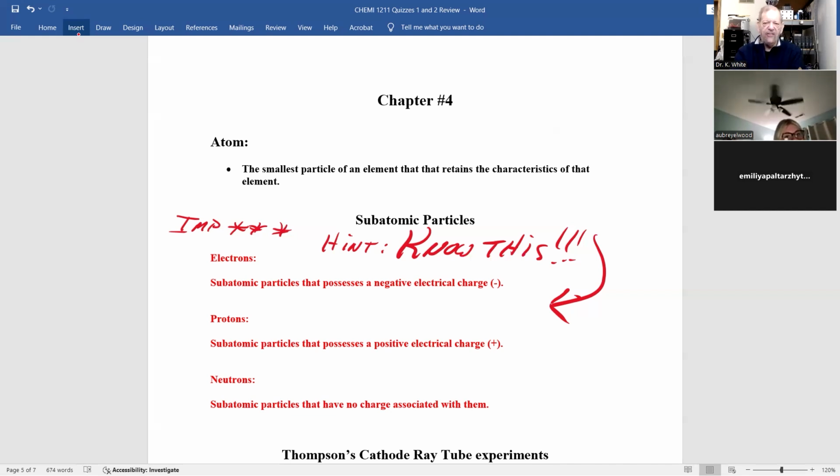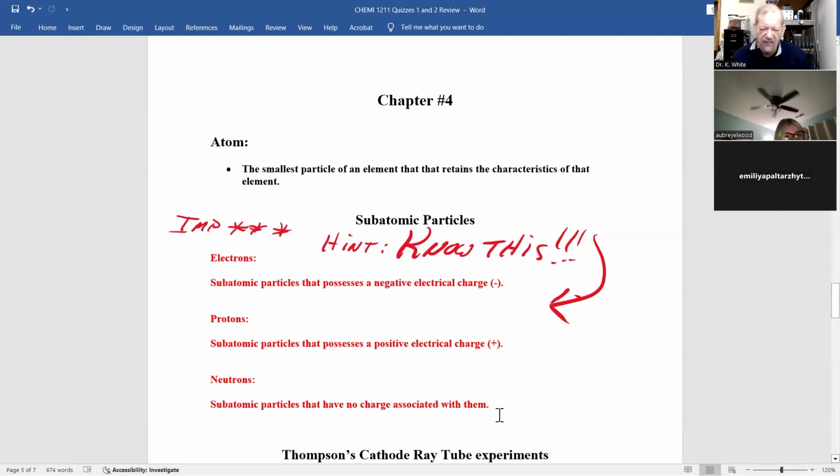You should know the three subatomic particles of an atom: the electron, the proton, and the neutron. An electron has a negative charge, the proton has a positive charge, and the neutron has no charge.